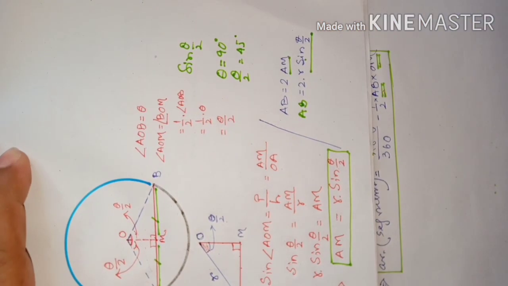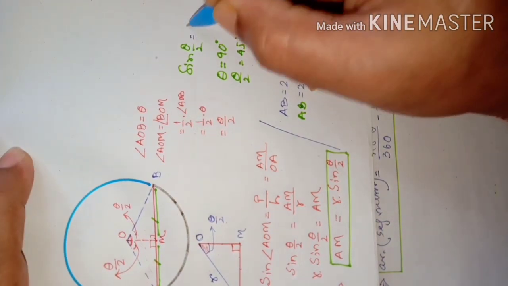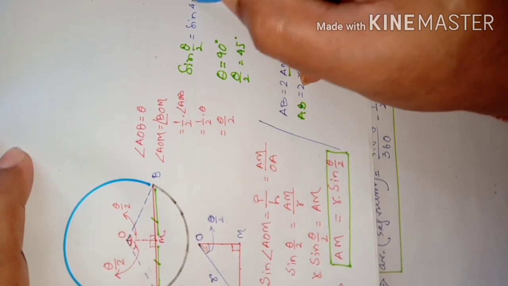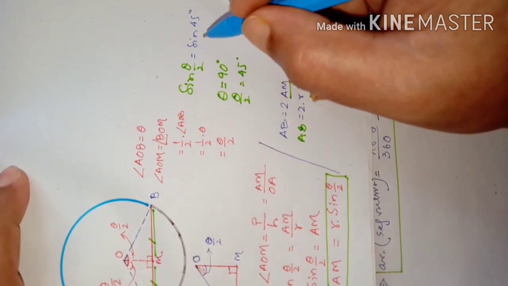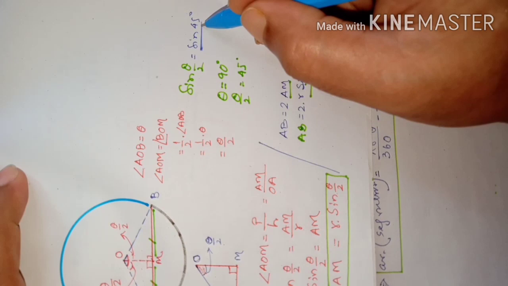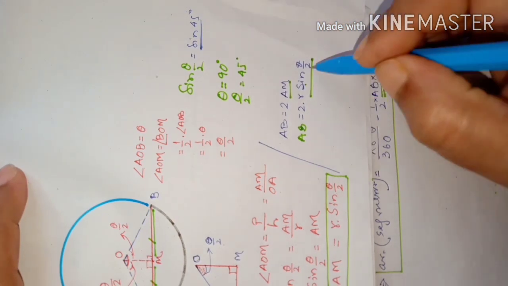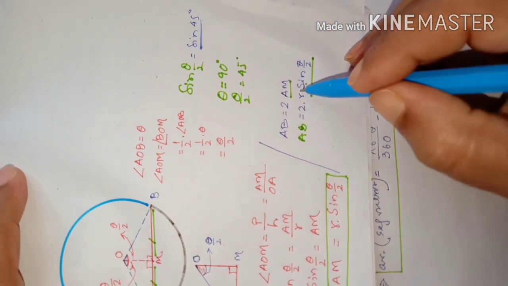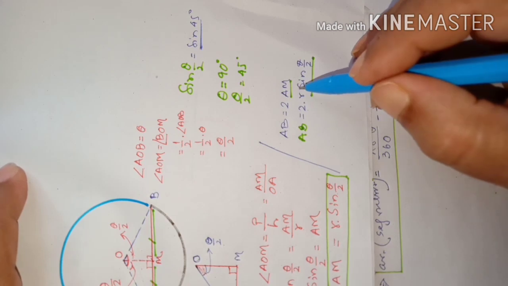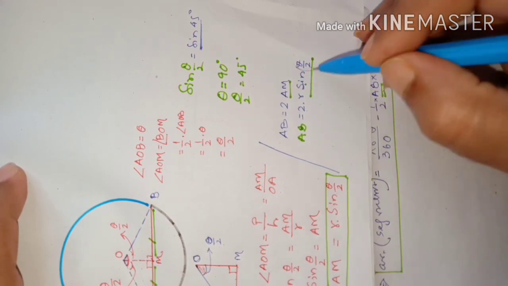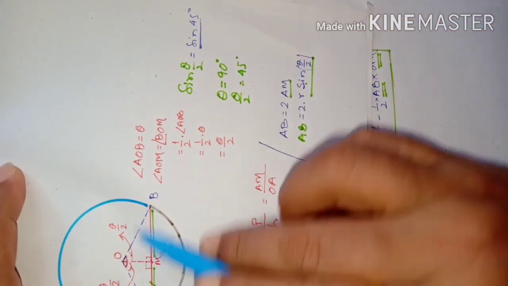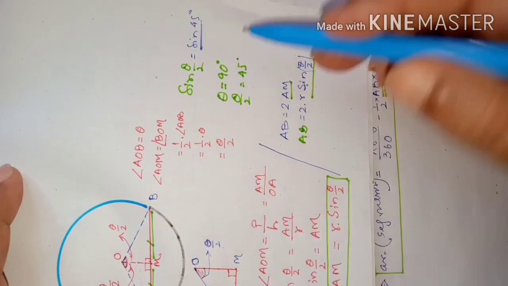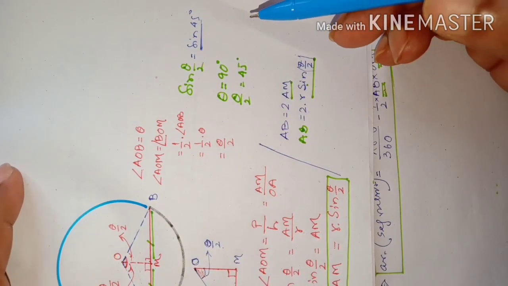That is, you are talking about sine of 45. So sine 45 is a ratio only, a trigonometric ratio. So this 2 is not cancelable with this because it is telling us the sine ratio of a particular angle theta by 2. And theta is something like 90 degree, 60 degree, like that. Got the idea, dear students?